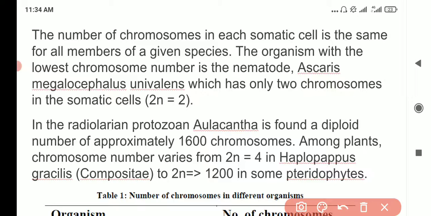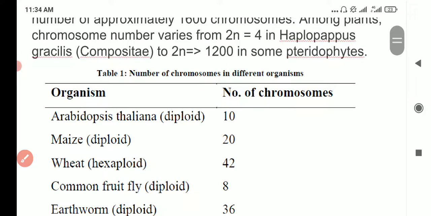Then in the radiolarian protozoan Aulacantha is found a diploid number of approximately 1600 chromosomes. Among plants, chromosome number varies from 2n equal to 4 in Haplopappus gracilis, a member of the sunflower family, to 2n equal to or greater than 1200 in some pteridophytes.